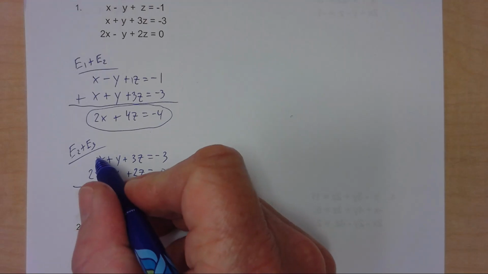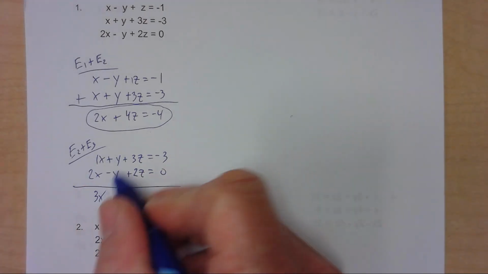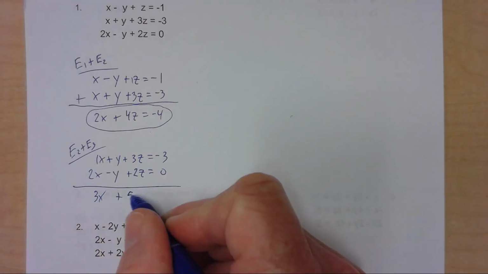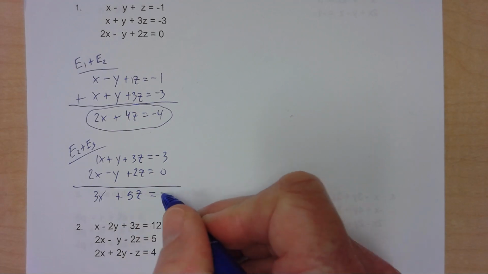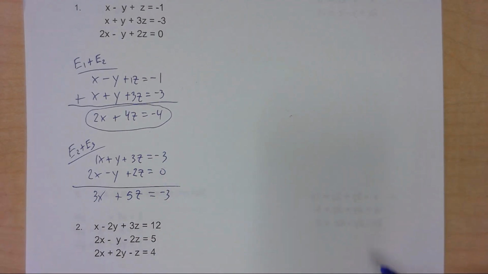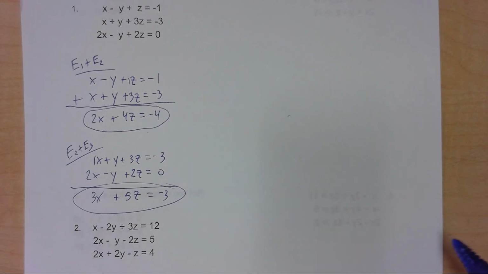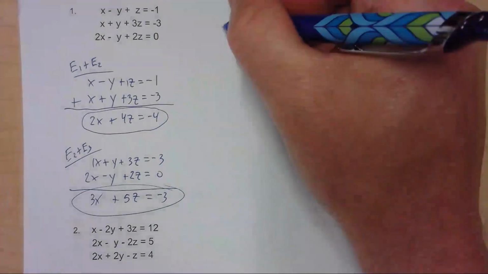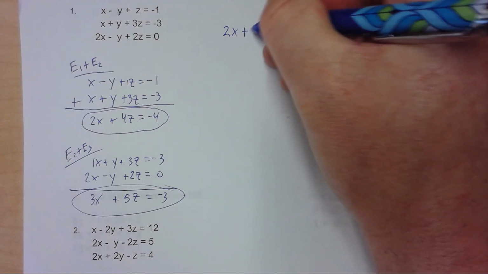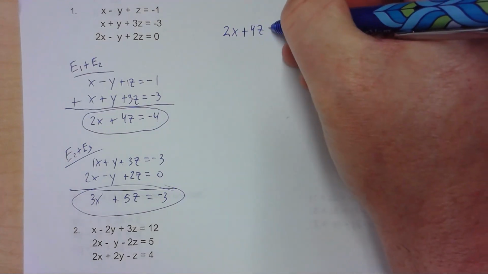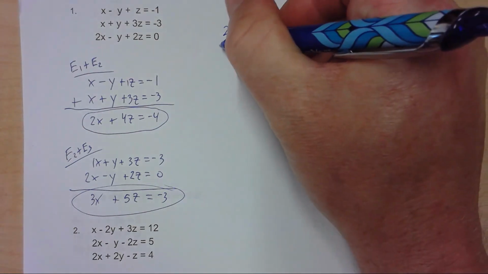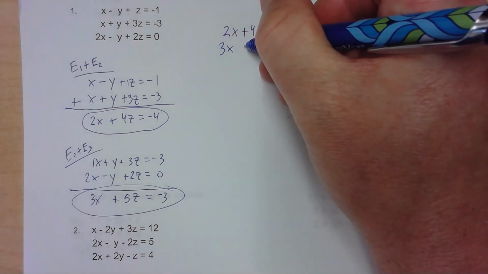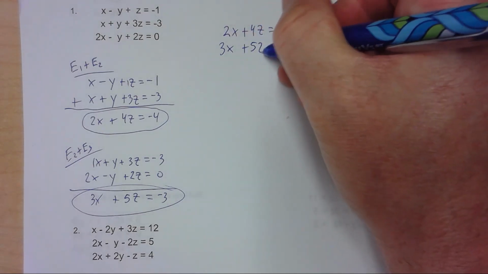So that's 3x, and the y cancels out, 5z equals negative 3 when you add those two together. So this is my second equation. Now I pretend like the original three don't exist, because I have 2x plus 4z is equal to negative 4, and I have 3x plus 5z is equal to negative 3.